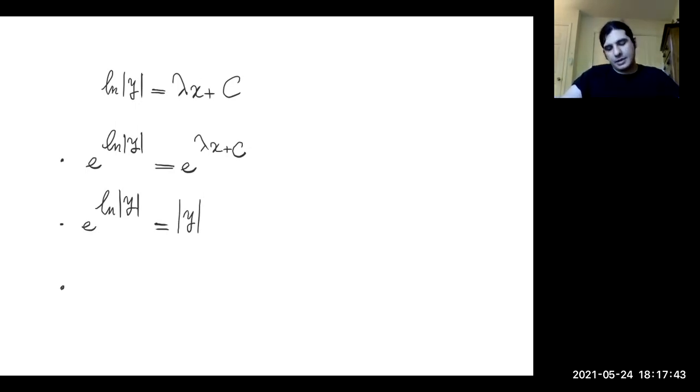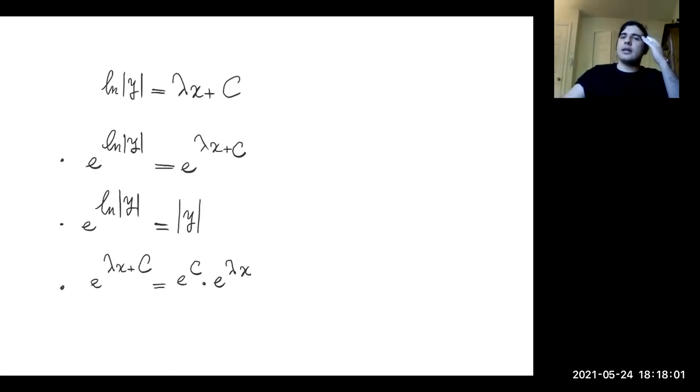What is the right-hand side? e to the lambda x plus c. We know this power rule about the exponential. It's equal to e to the c times e to the lambda x. Note that e to the c is just another constant, right? So I would show that with just d times e to the lambda x.